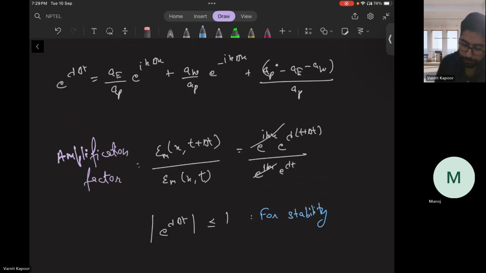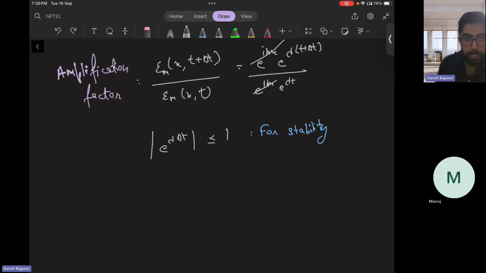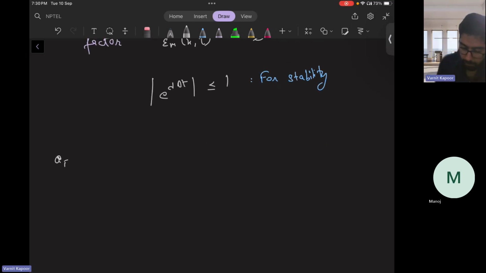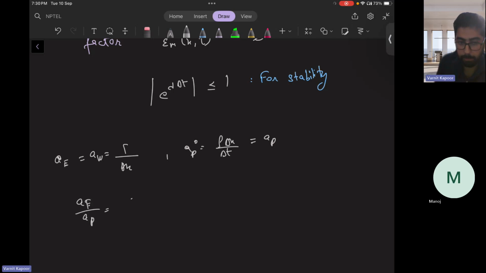So we had this equation, which is for 1D, constant gamma, uniform cells, with source equal to 0. We have defined aE, aW, all the terms. aE is equal to aW, which is gamma by delta x. aP naught was rho delta x by delta t, which is equal to aP because the source is 0. So aE by aP will be gamma by delta x into delta t by rho delta x, that is gamma delta t over rho delta x squared.